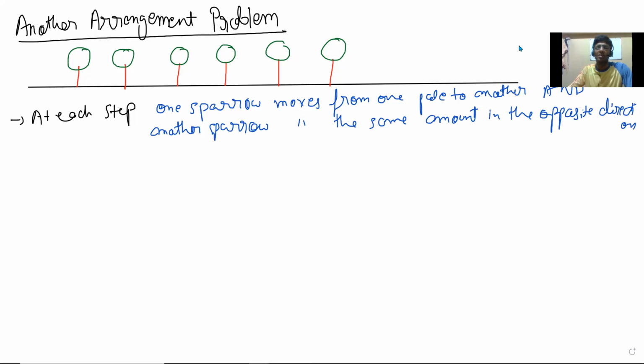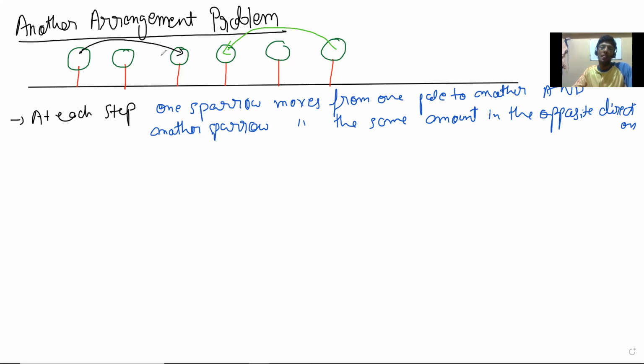So what this means is simple. Suppose in the first move, the first sparrow goes from here to here. You can just count the distance by skipping, so he skips one pole. Then there will be another sparrow, I don't know which one, but some sparrow, let's say this one in this case, will move like this, the same amount from one pole to the other.